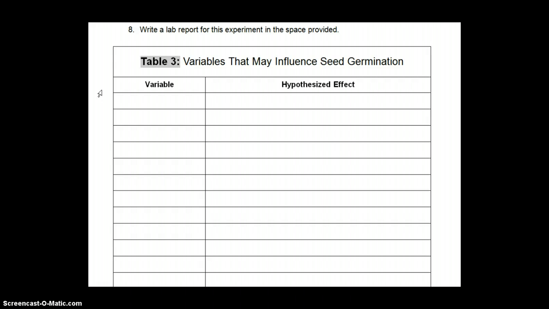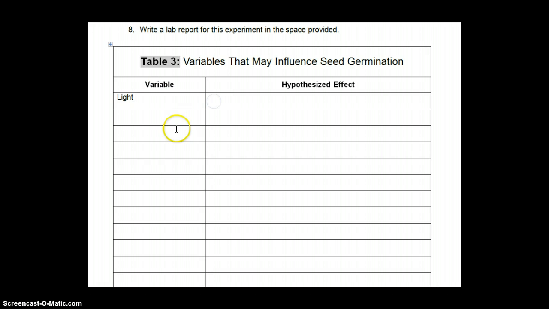Okay, let's go down to the table, and that'll tell us something about how to set this up. Table 3 says variables that may influence seed germination. Here's a column on the left to think of some variables that might affect whether some bean seeds would germinate or not. And I think the directions ask you to list 10 to 20 of those variables. It would be fine with me if you listed 10. And so let's say one of those variables is light.